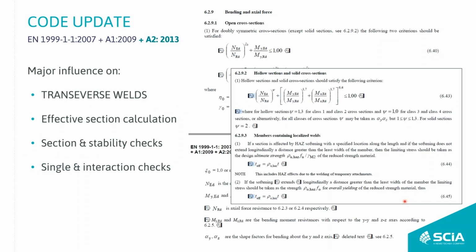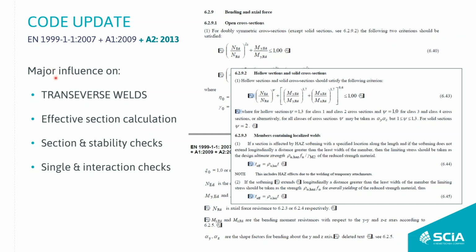There is an addition of some addendum, which is marked as A2 here, and you can see also all the formulas where this A2 is written. As it was published, it has some major influences on some parts of the check, or the parts of the modeling.